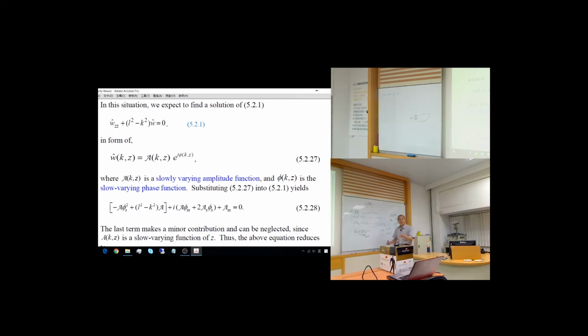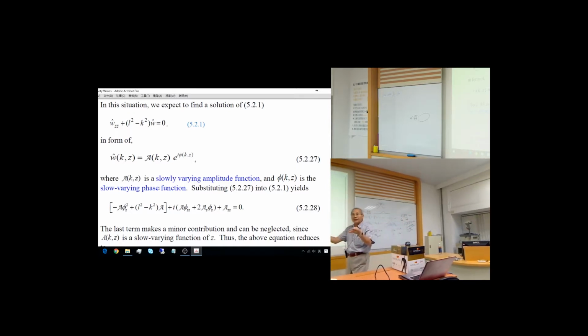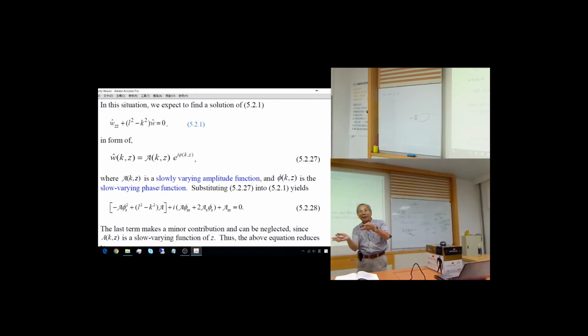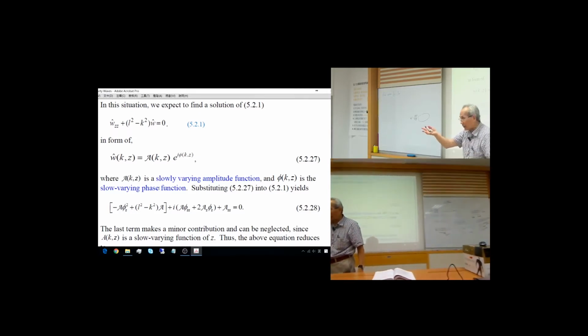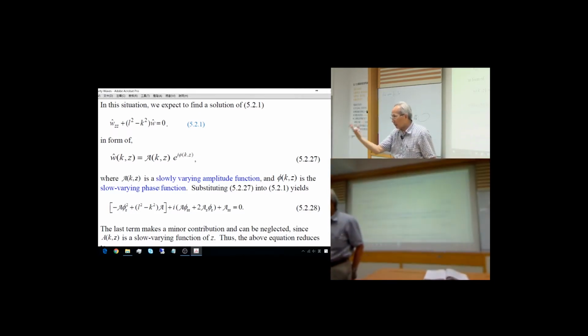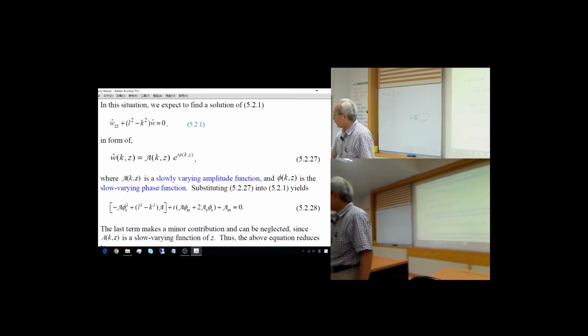So we have 1, 2, 3 mechanisms by which a wave can amplify. And we also know nonlinearity can make a wave amplify, and then steepening and then overturning. So now you have 4 mechanisms, and make sure you take a note, which can make a wave amplify. Let me repeat.